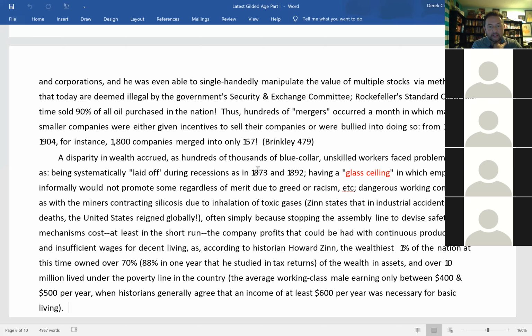All right. And then the fact that the government, right? The government on multiple occasions during these strikes, you look into those strikes that I mentioned, pretty much without exception, the state and sometimes even the federal government intervened on behalf of the employers, the wealthy bosses, right?